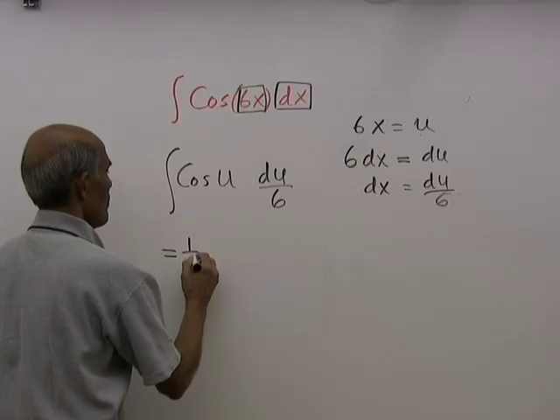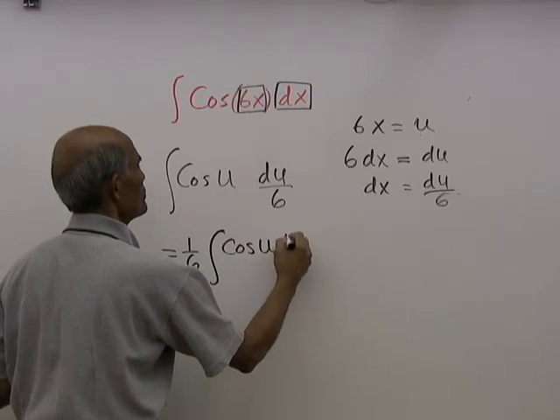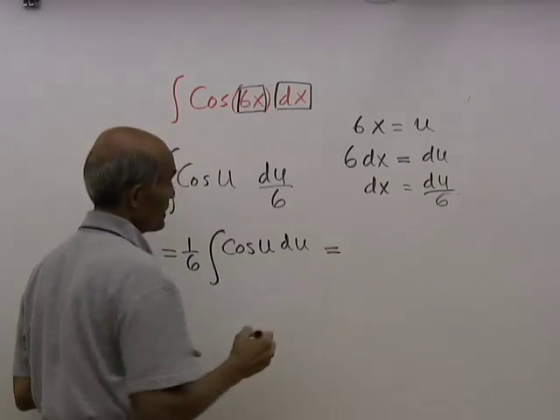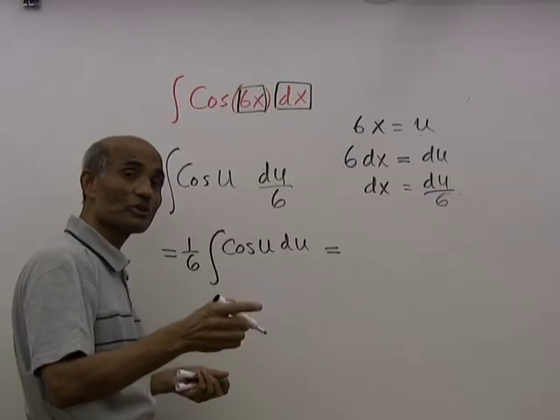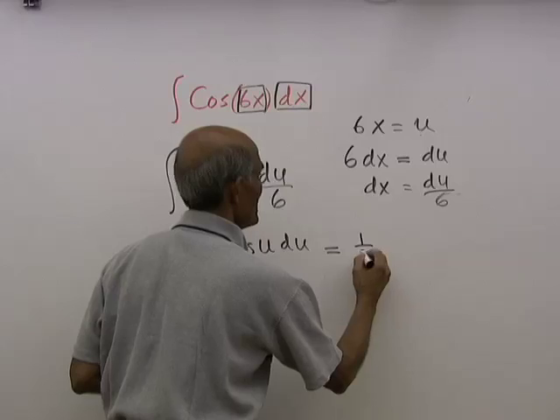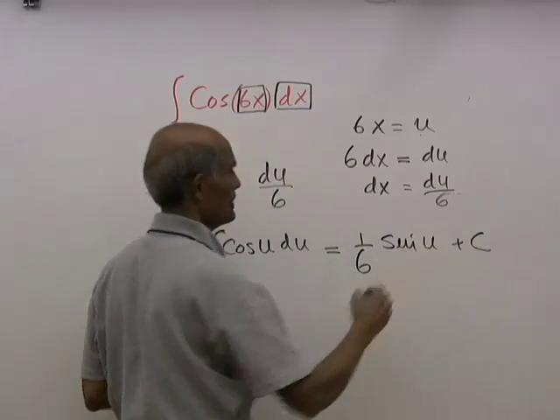That will be 1 over 6 integral cos u du. And what is the integral of cos u du? It is sine of u. So that will be 1/6 sine u plus c.